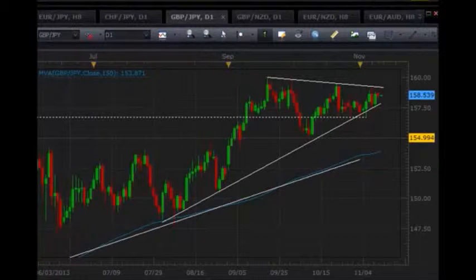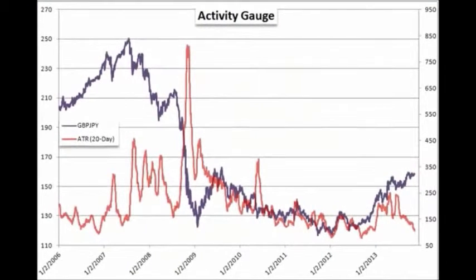All right? Now, the change in activity can be very useful. When we look at, let's say, the pound-yen, which is incredibly quiet now, that can actually be a measure of extreme. This might be too extremely quiet given the conditions that we have in the underlying, and also with event risk.